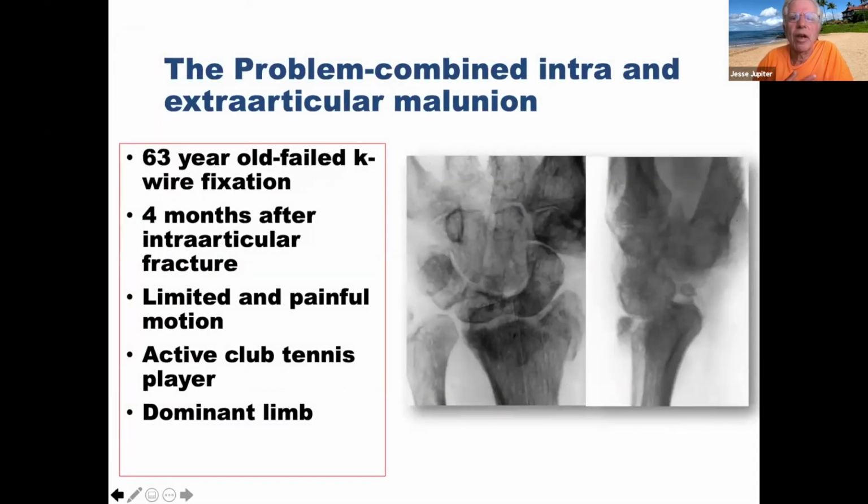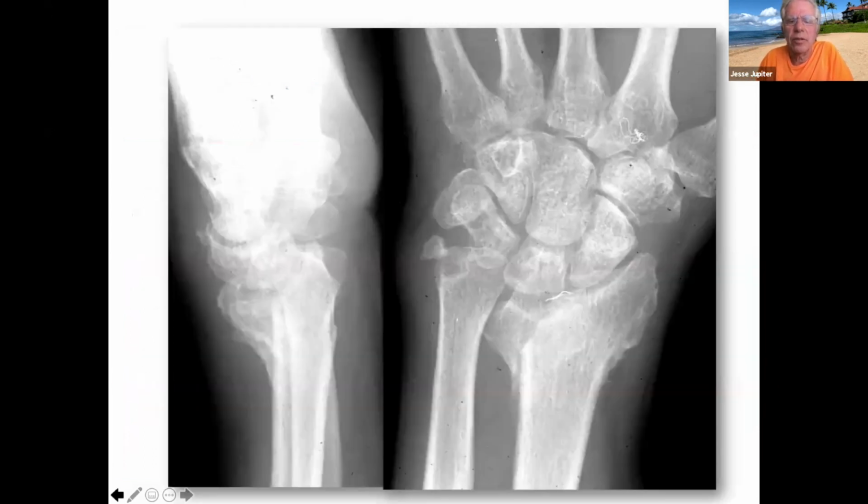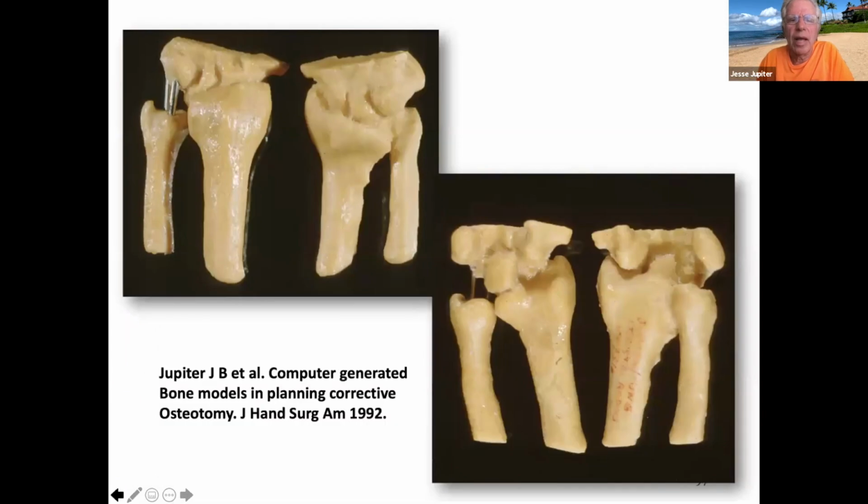Now, what happens if you have combined intra and extra-articular osteotomies, like in this patient here? This is a man I saw many years ago who was a general surgeon with such a deformity. And at that time, we were able to make virtual three-dimensional models of the entire deformity and the normal side, and could actually plan your osteotomy, not just virtually, but really with the models.